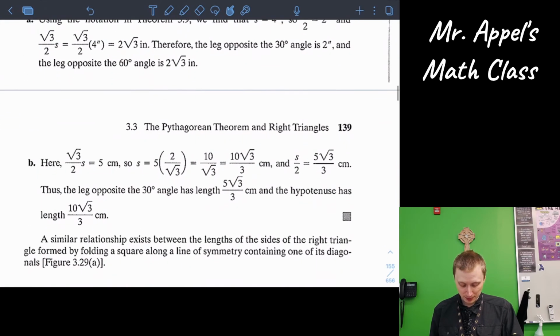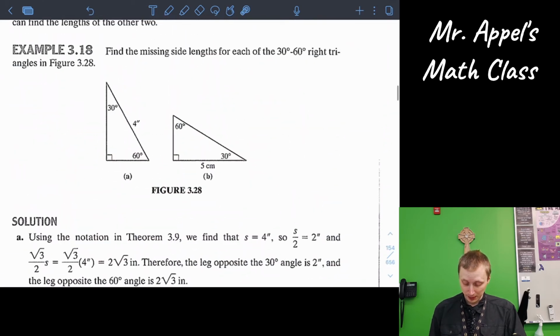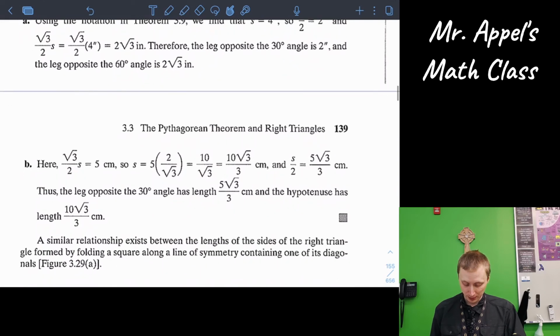Now in B, remember we're given the leg. Which leg is it? This one is across from the 60-degree angle. So we know that root 3 over 2 s equals 5 centimeters. So s is 5 times that reciprocal fraction, 2 over root 3, or 10 over root 3, which we rationalize by multiplying both by root 3 over root 3 to get 10 root 3 over 3.